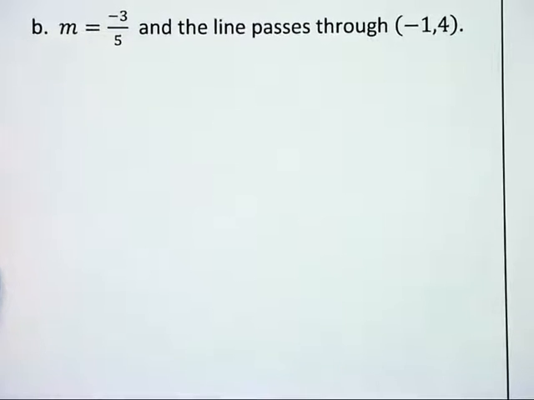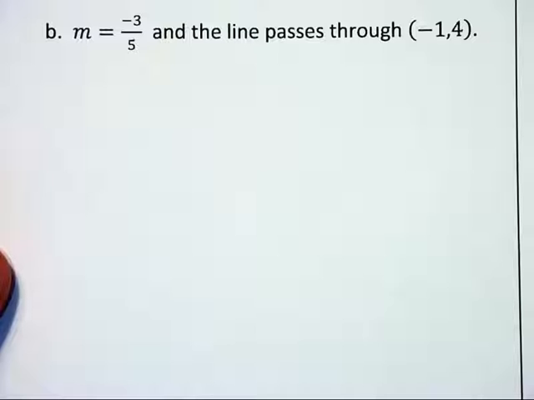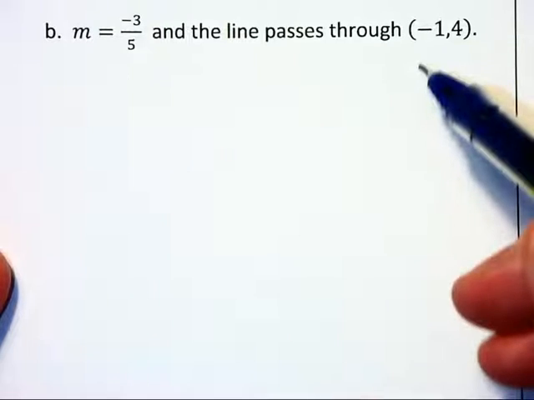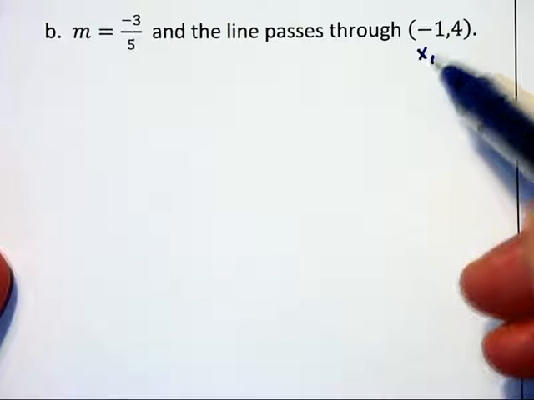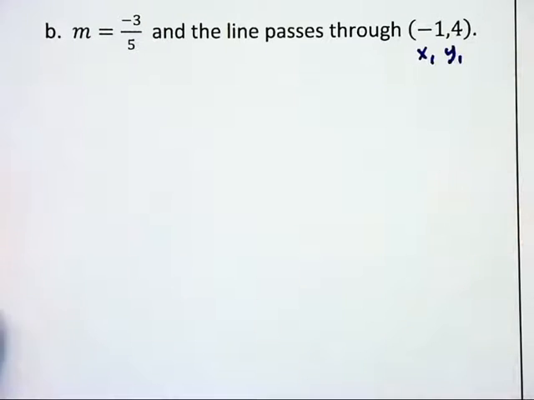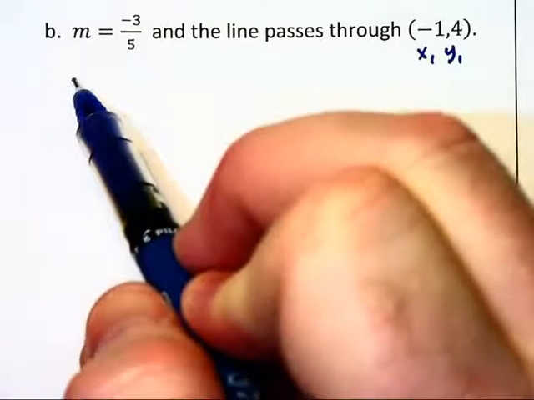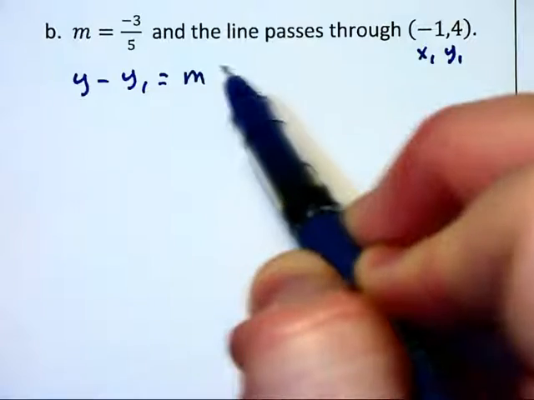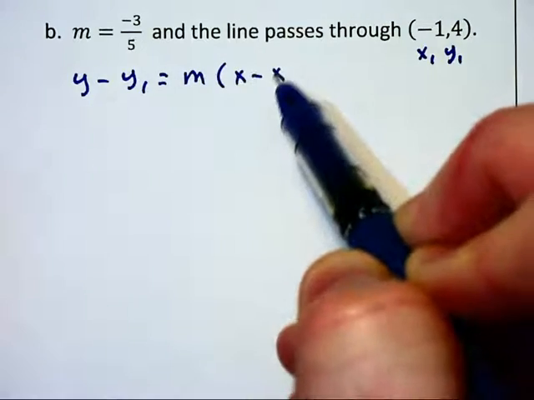But in the remaining 4 problems, we're going to want to use the point-slope formula. Notice how we are given a point and a slope. And this point we're going to think of as our x1, y1 for the purposes of using this point-slope formula. And the more often you write out this point-slope formula, the better you're going to get at memorizing it.